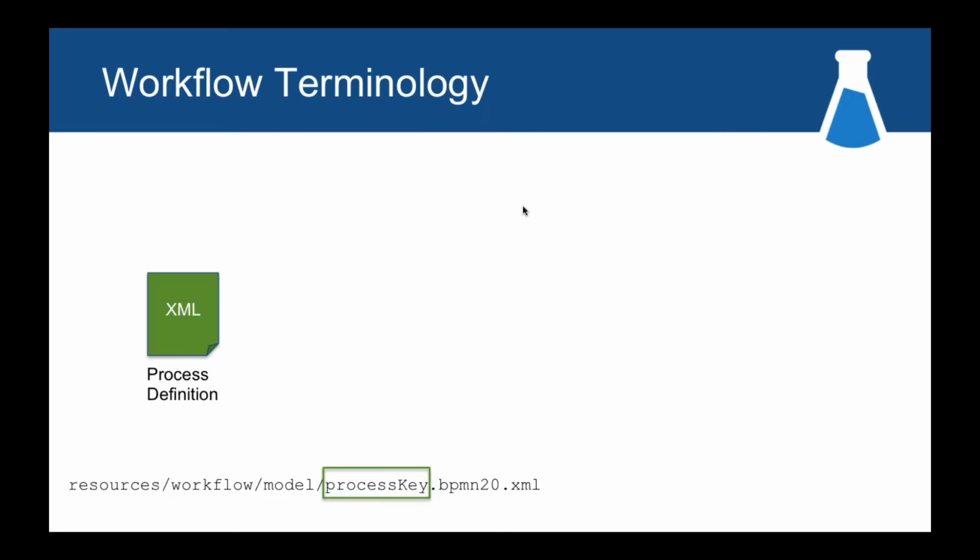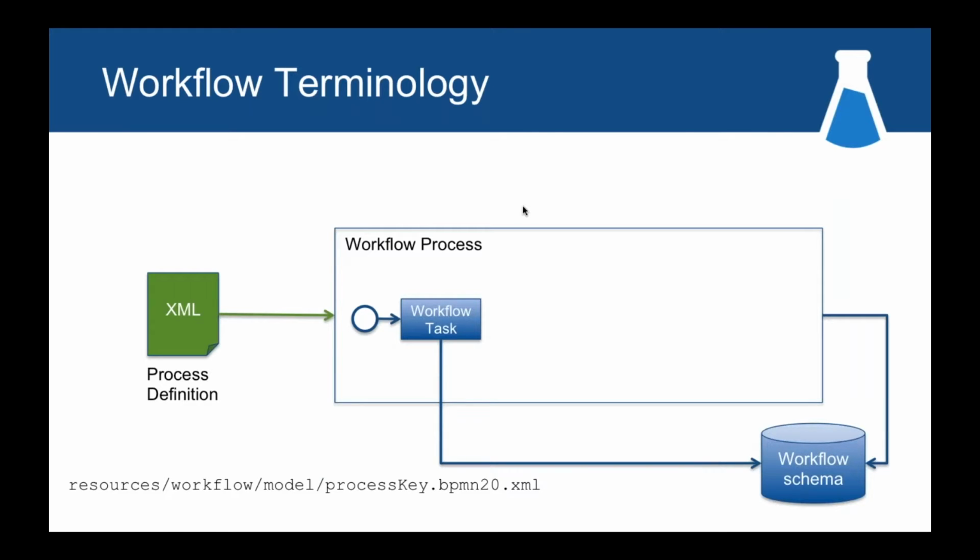But we use that, LabKey uses the key in order to find the process definition file and in order to start it. So if you create a workflow, you deploy a new process definition, you create a workflow process, which will then start the workflow and start a new task.